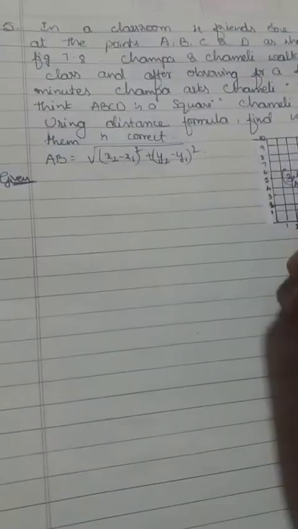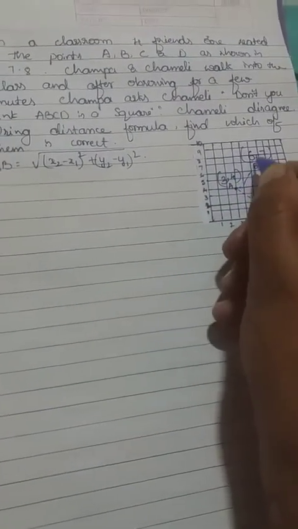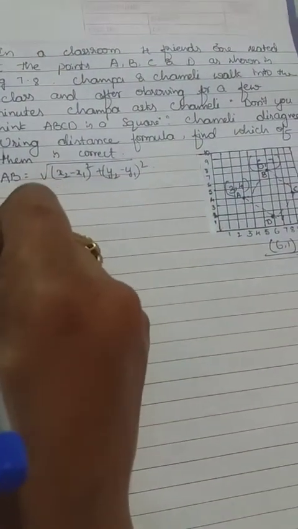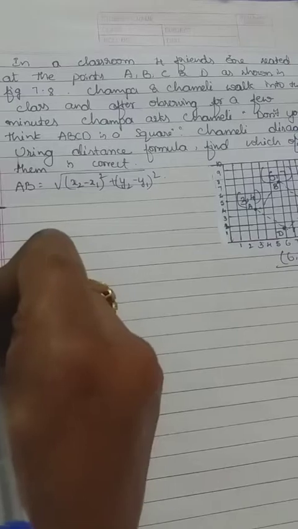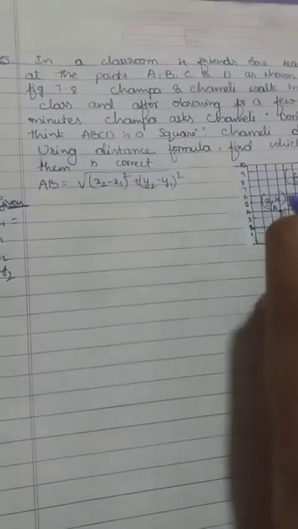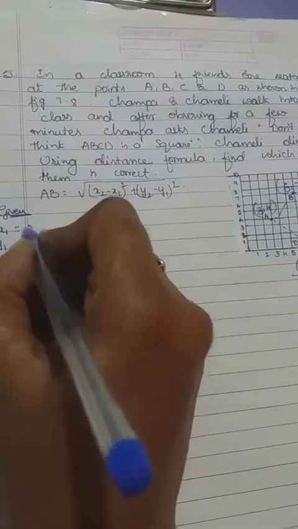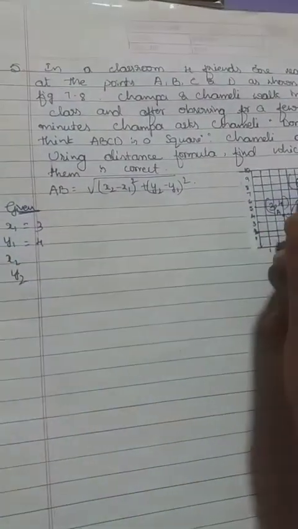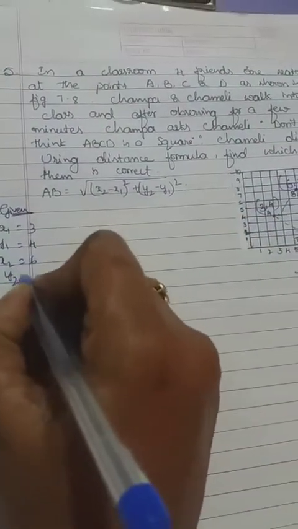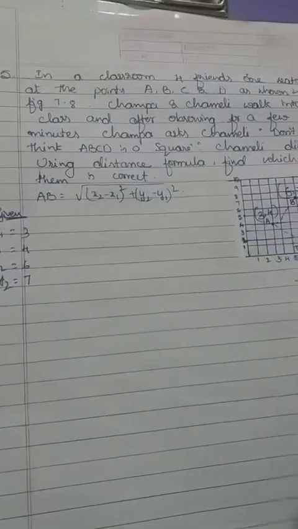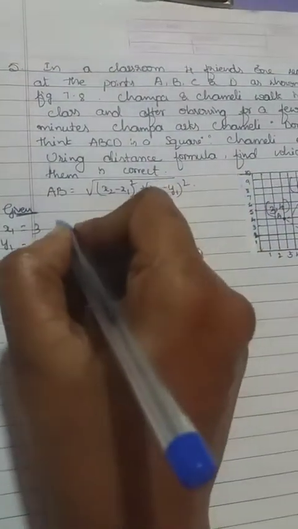I told you A you have to take as first and B. A is (3, 4) and B is (6, 7). So x1, y1, x2, y2. So x1 is 3, y1 is 4 and x2 is 6 and y2 is 7. Let us substitute for this.